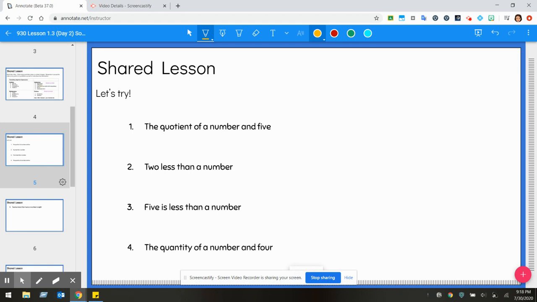So first one, so we're going to read these words and translate the words into math expressions. So the quotient of a number and 5. So big thing here, quotient, okay? That means division, right? Remember with division, order matters. What I mean by that is the quotient of a number and 5.